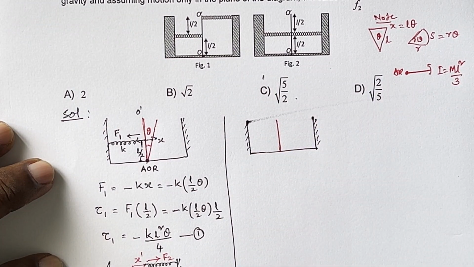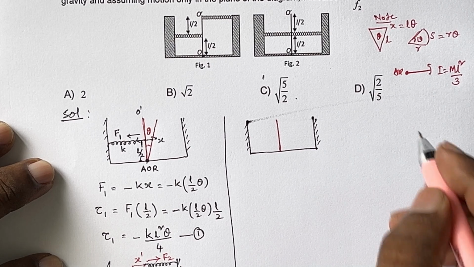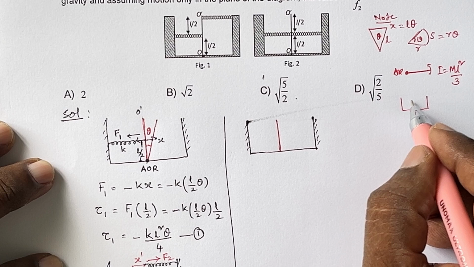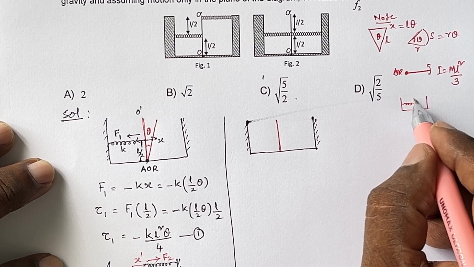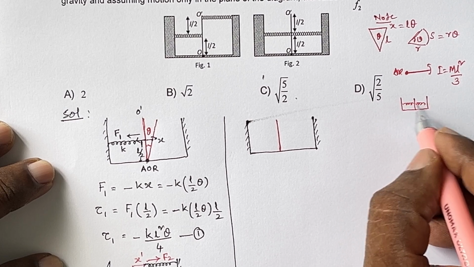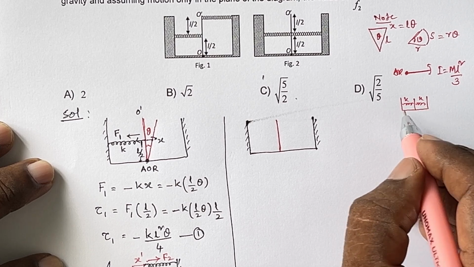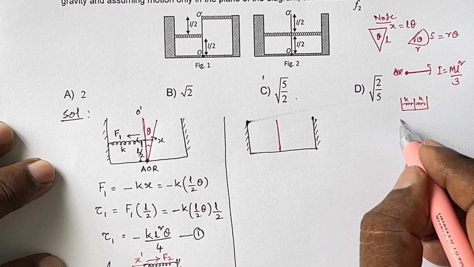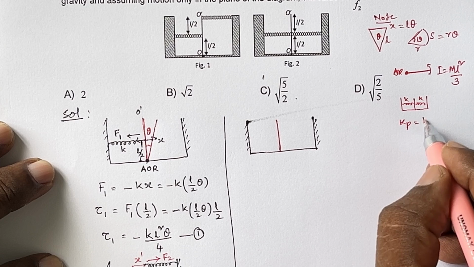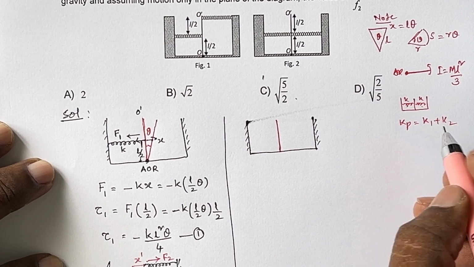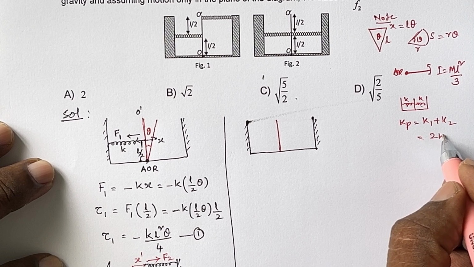Then what other formula can we remember here? When the springs are connected like this, both having spring constant K, these two springs are in parallel. So for springs in parallel the formula is K1 plus K2. This is also K, this is also K, so 2K.